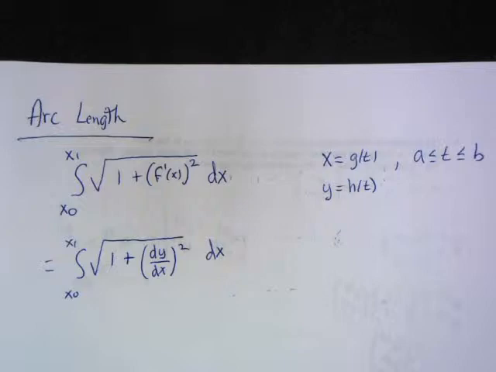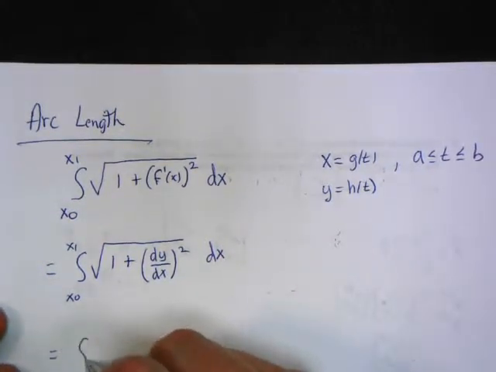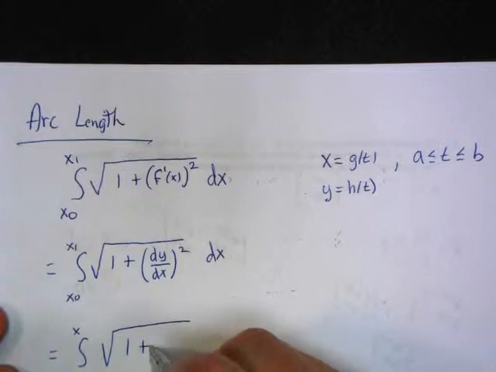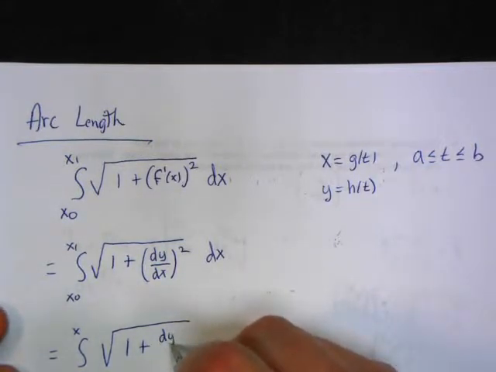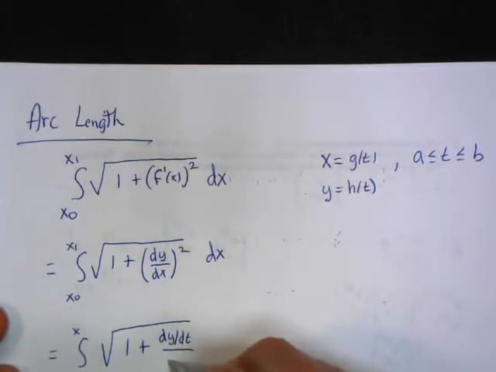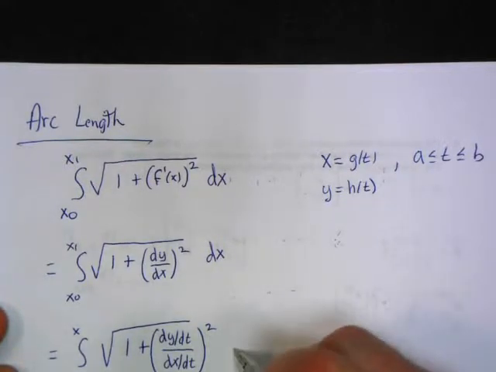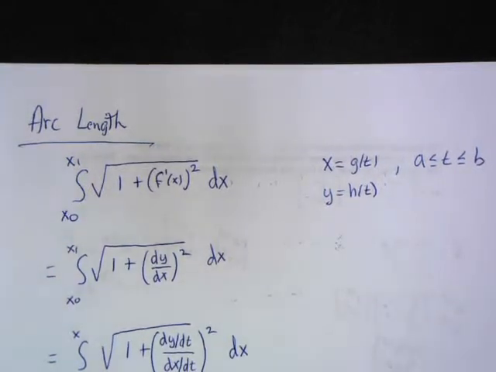Correct? That's the integral from x0 to x1 of the square root of 1 plus dy/dt over dx/dt squared dx. What did I do there?